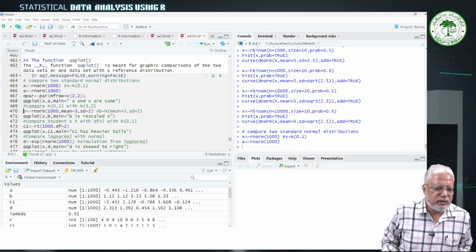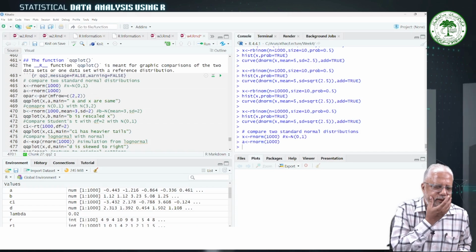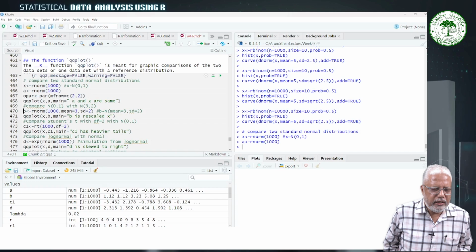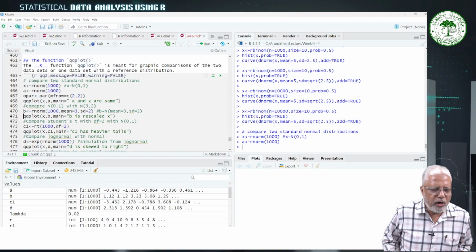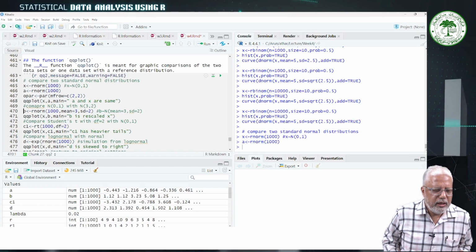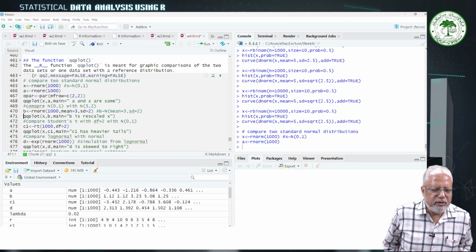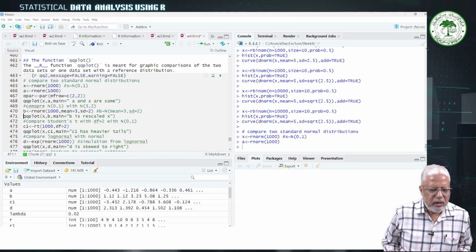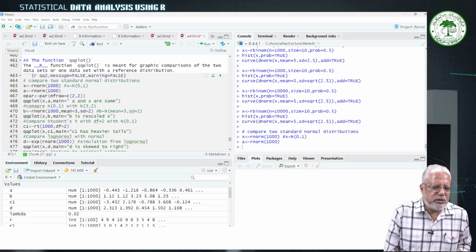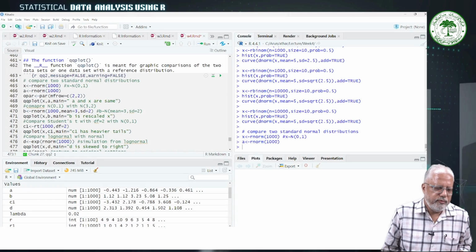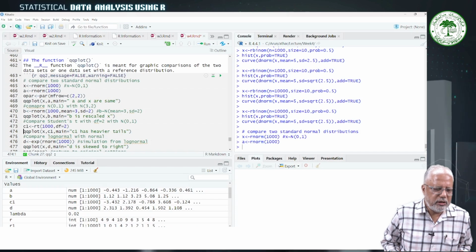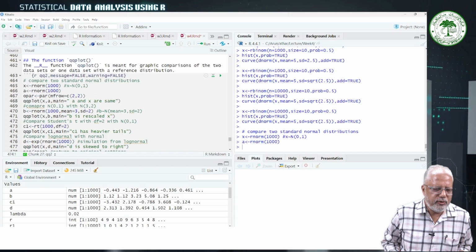Then we are simulating another set of 1000 observations with mean equal to 3 and SD equal to 2, and then making a QQ plot of x and b. X is from normal 0, 1 and b is from normal with mean 3 and SD 2. And then we are simulating 1000 observations from t distribution with degree of freedom 2, and then we are making x versus c, so this is the third graph, x versus c1.